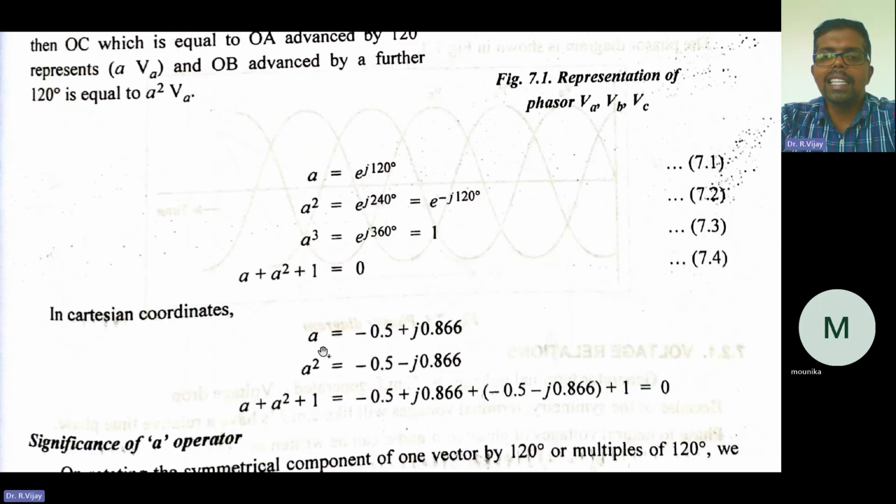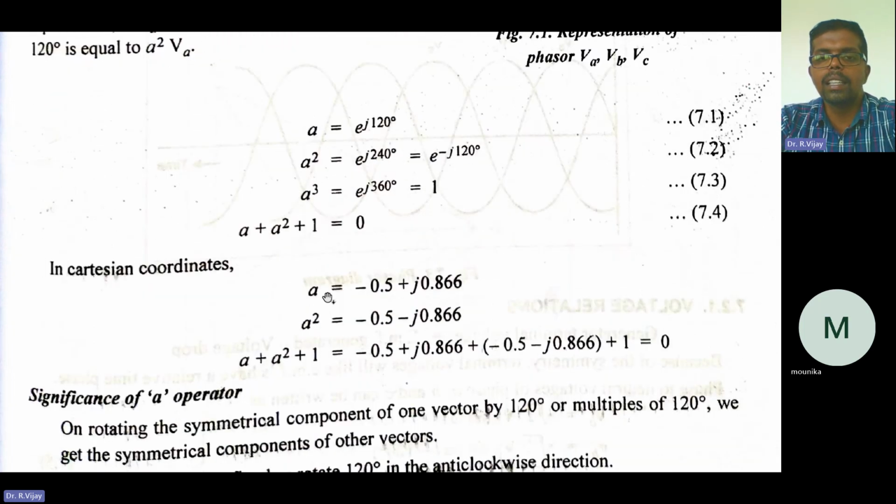So that was in phase angle format. In Cartesian coordinates, if you take your scientific calculator and convert this into rectangular form, A becomes minus 0.5 plus j 0.866.